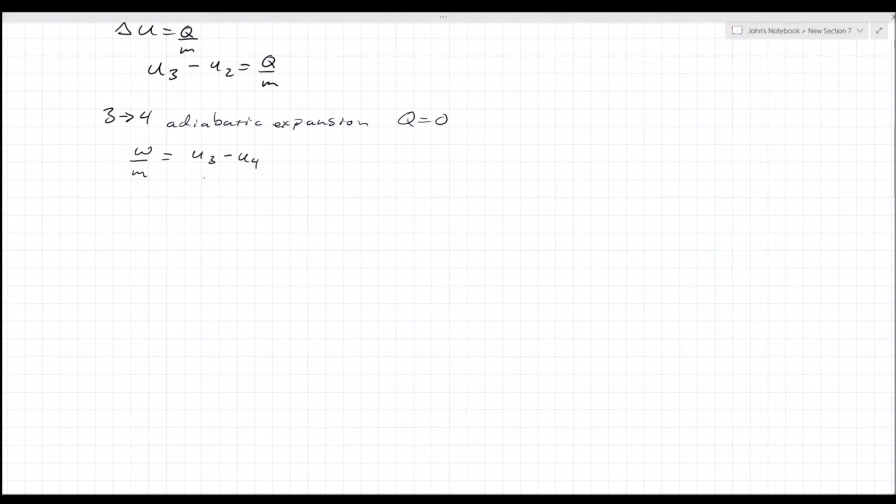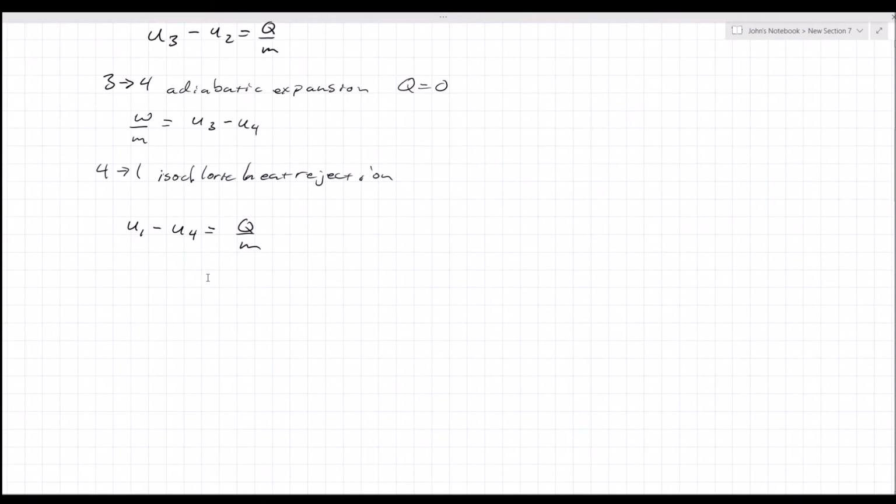Alright. 4 to 1, we're going to do isochoric heat rejection. So U1 minus U4 is equal to Q over M.